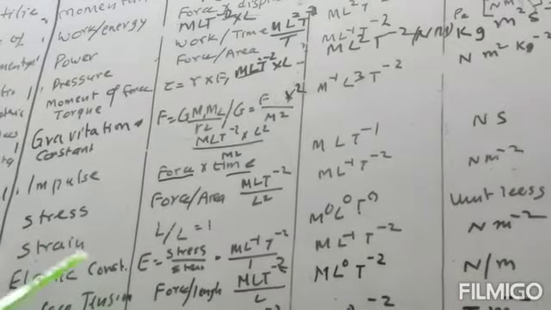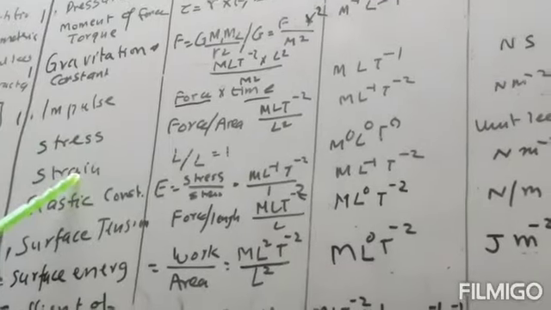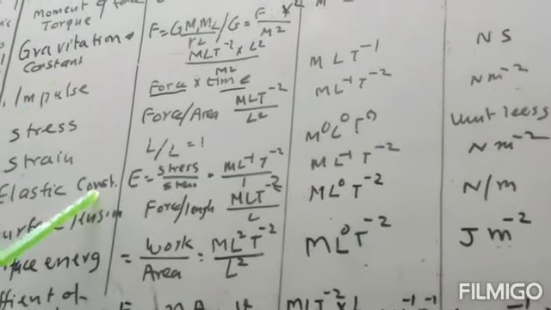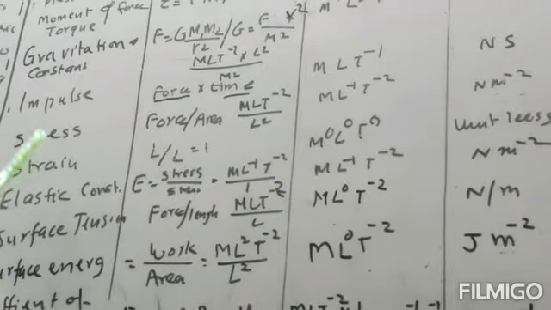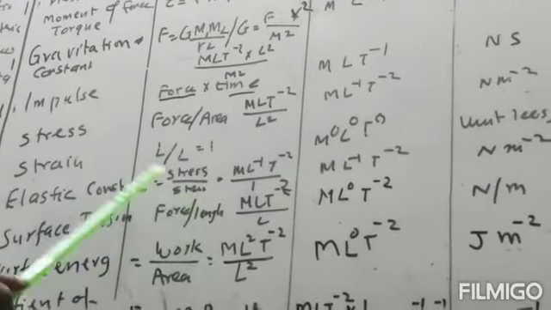Now the elastic constant. Elastic constant is the ratio of stress to strain. There are three types of elastic constant, we will read later. Then stress divided by strain.